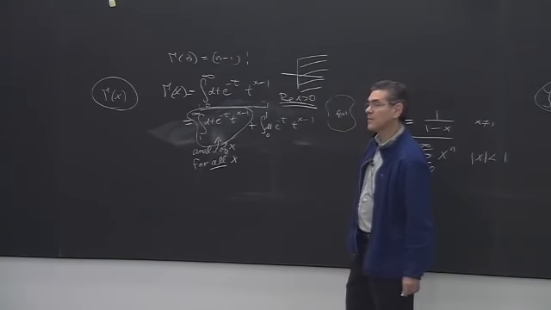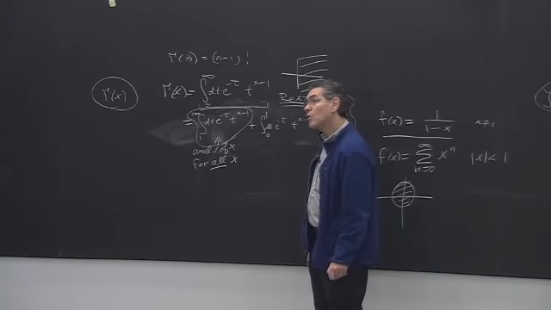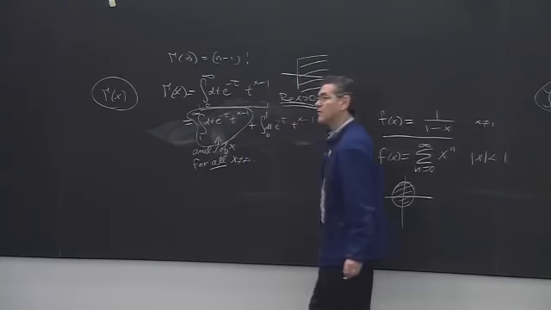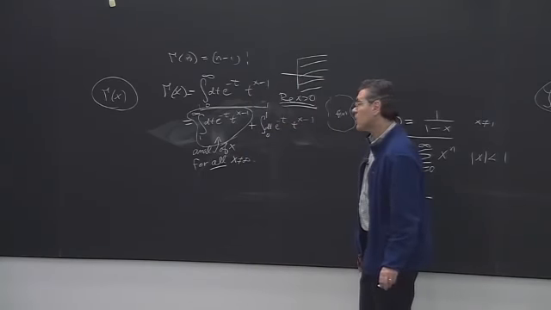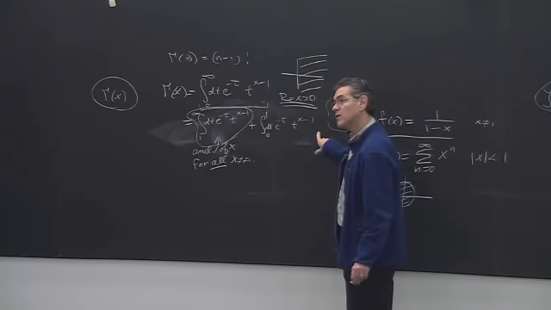It's analytic. That means it has a Taylor series for all finite x. Now what about this other integral? That's where the trouble is. So I've isolated the trouble here.